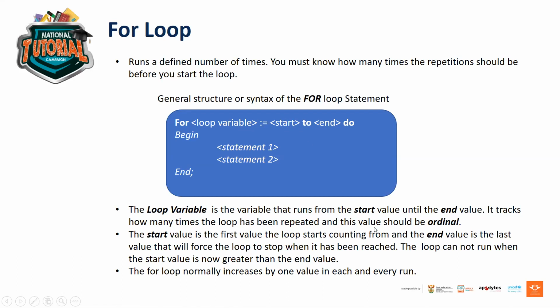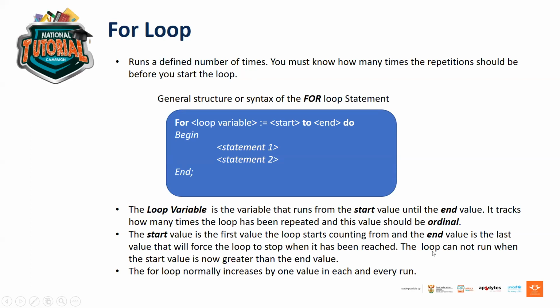And then we have the end value, which is the last value in the loop. If we want it running 5 times, we can say for ik colon equals 1 to 5, 1 being our start value, 5 being our end value or the last value. The last value is the one that will force the loop to stop when it has reached that number.